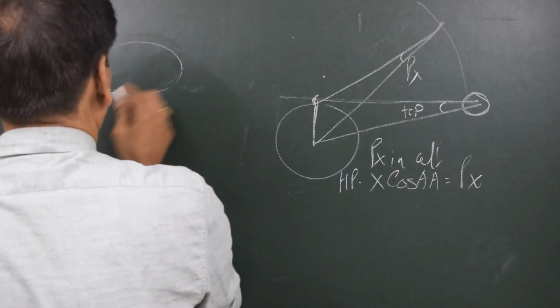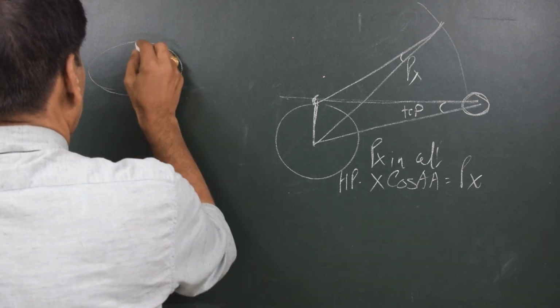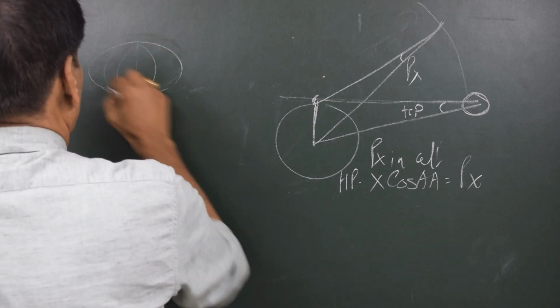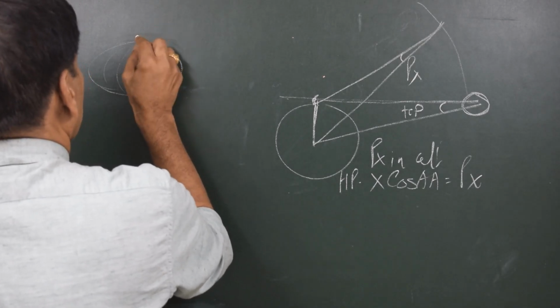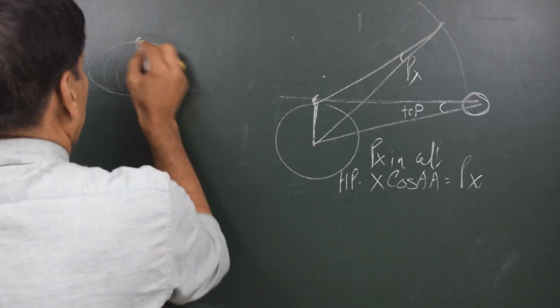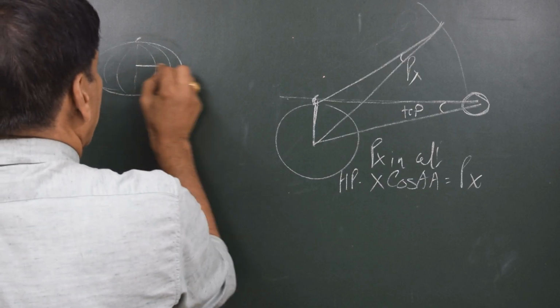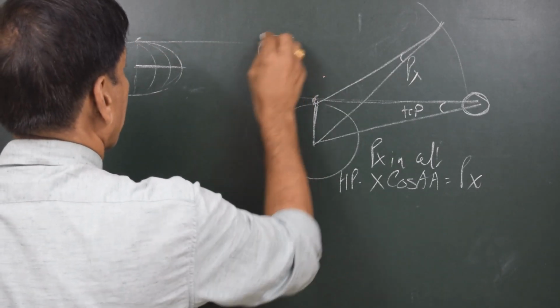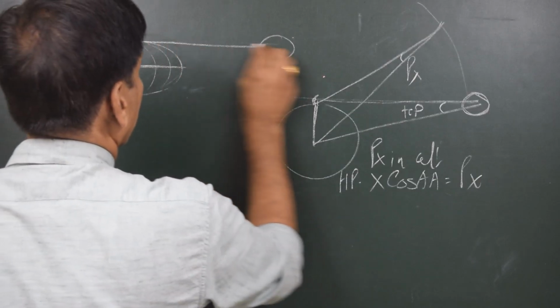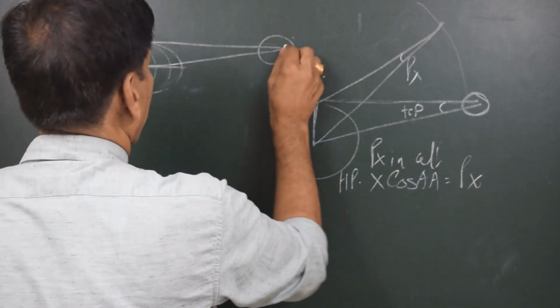I have exaggerated the shape of the earth. Earth is of oblate spheroid type appearance. Suppose there is an observer at the pole, then the radius of the earth would subtend an angle at the center of the moon, given by this angle.